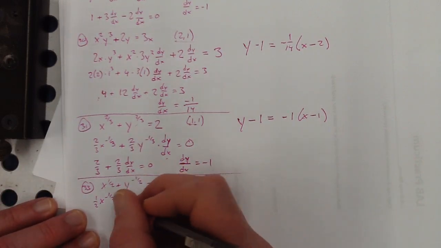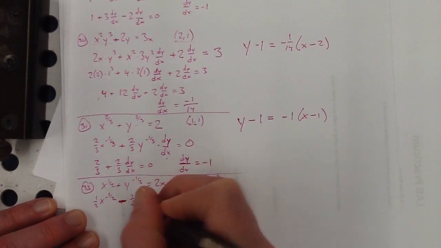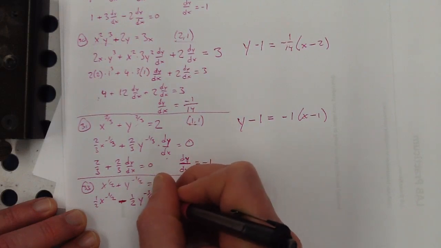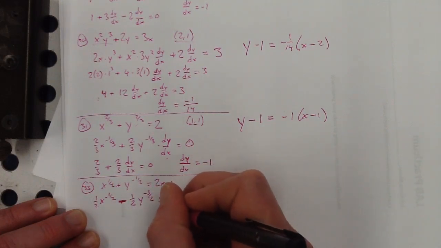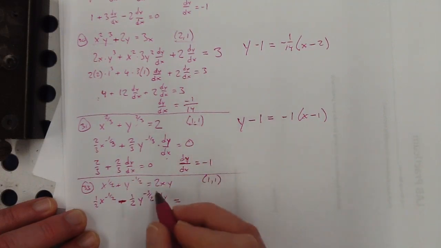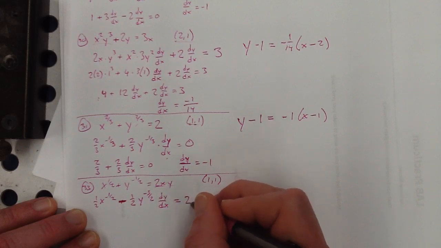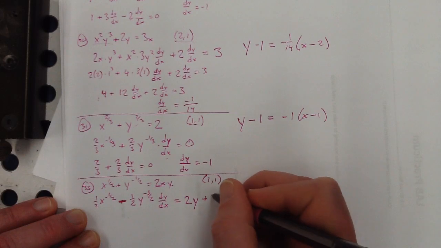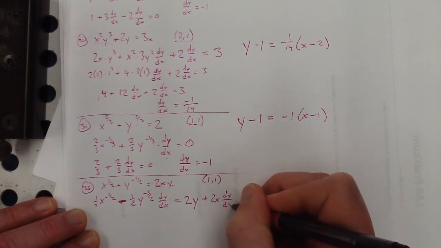And then that comes out to the front, so maybe I'll write that as a minus here. Minus 1/2 y to the negative 3/2. Just took the derivative of something with a y in it. Alright, on this side I'm going to consider 2x to be the first and y to be the second. So derivative of the first times the second plus the first times the derivative of the second.